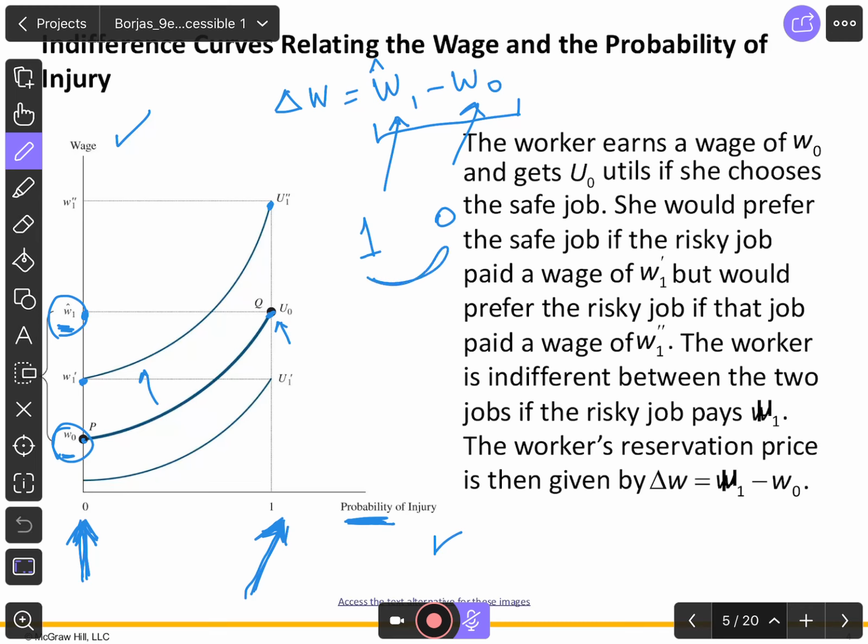This is how much you have to bribe the worker to accept a high-risk job. This is what we call a reservation price, or the reservation wage: the minimum the worker would accept in order to change their mind and join the high-risk job.